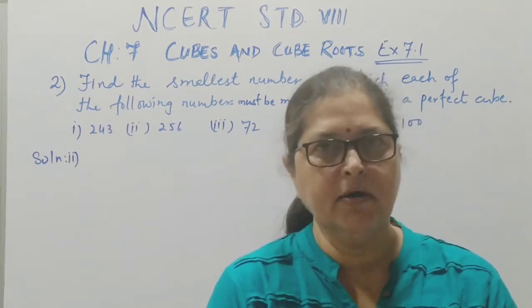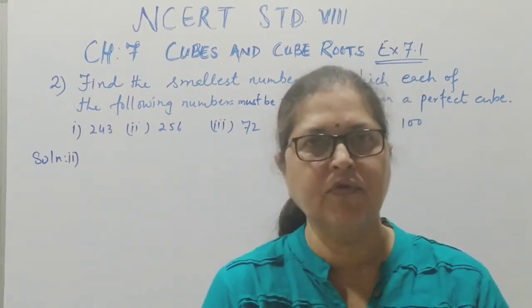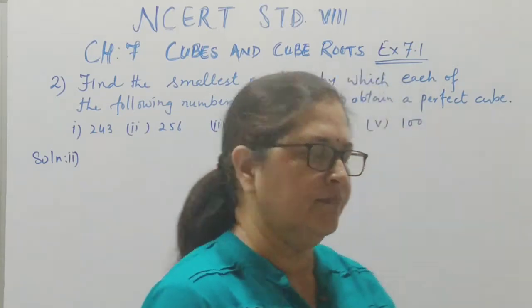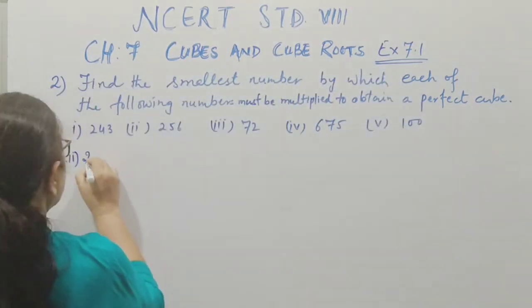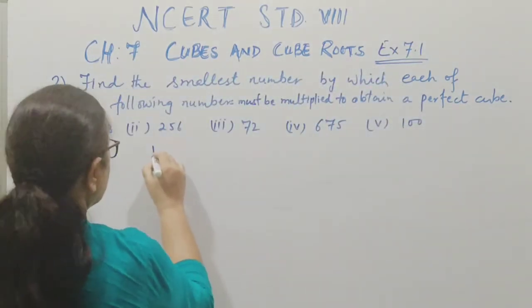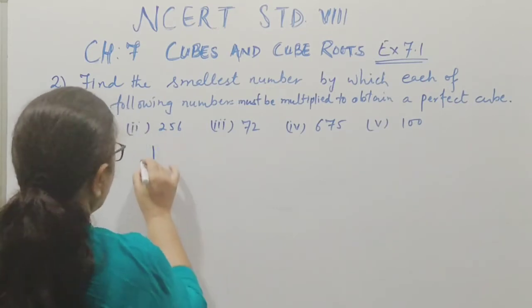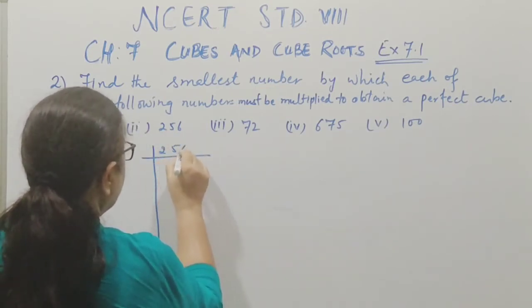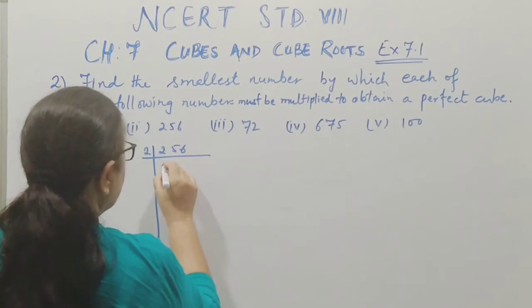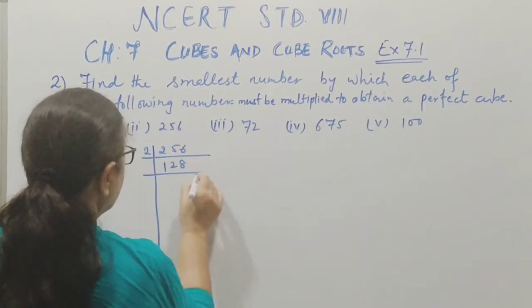Now second part of question number 2, the number is 256. Let us factorize it. It's an even number, so it is divisible by 2.